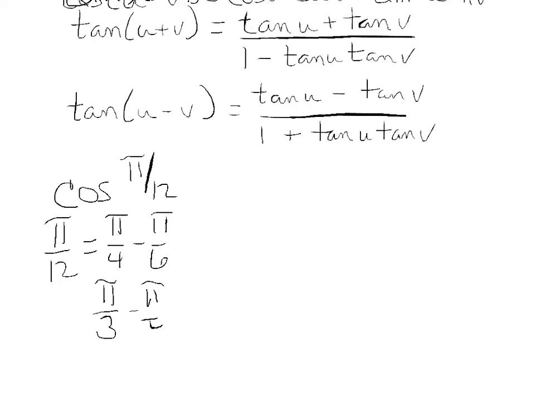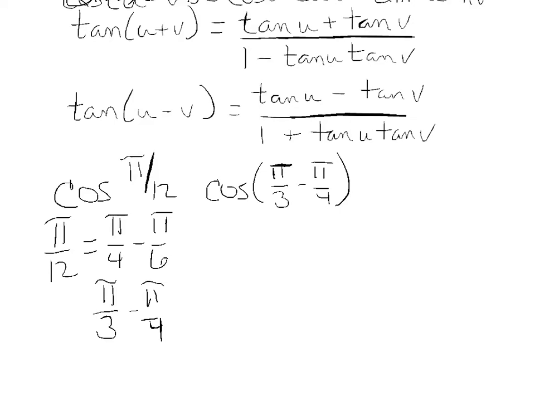It doesn't matter which one we decide to use. Let's just do the pi over 3 minus pi over 4. So instead of the cosine of pi over 12, let's do the cosine of pi over 3 minus pi over 4. So we're just going to use that formula for cosine.